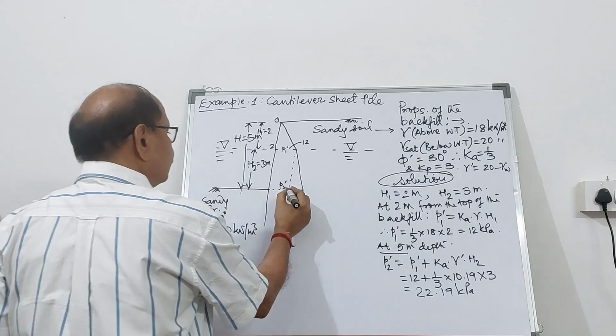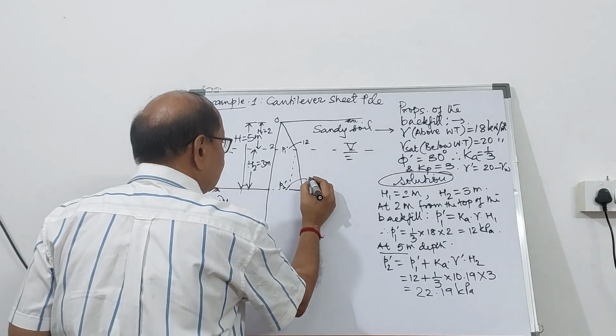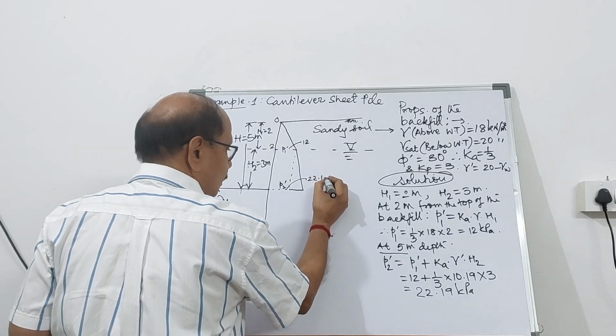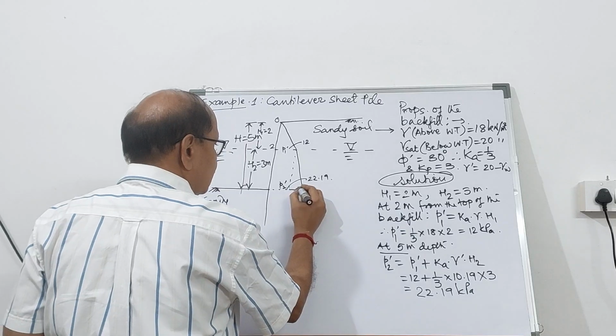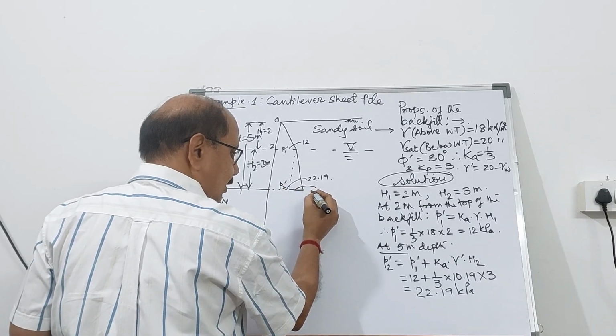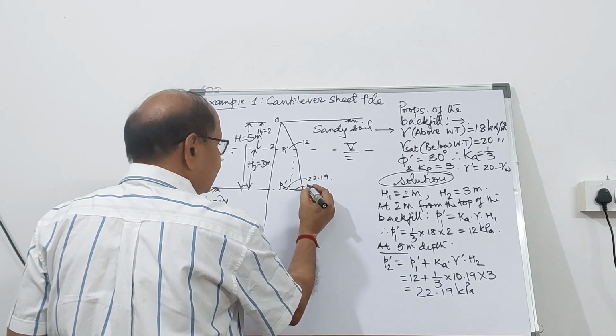So P2 prime here is going to be 22.19, and this part is 12, and this part is going to be 10.19.